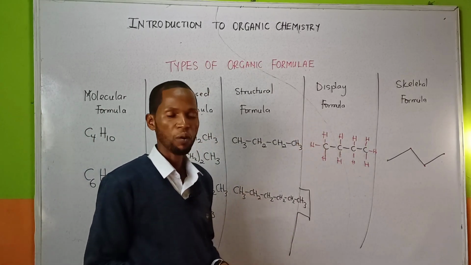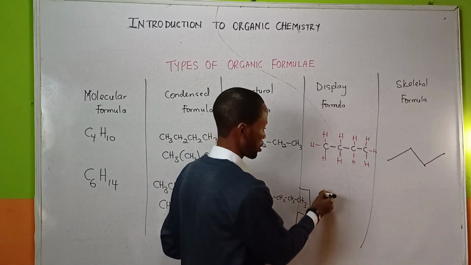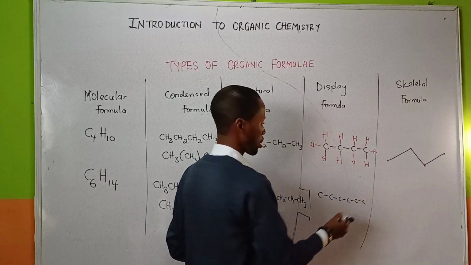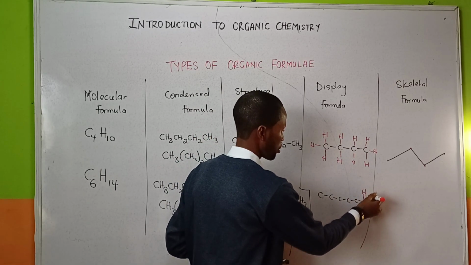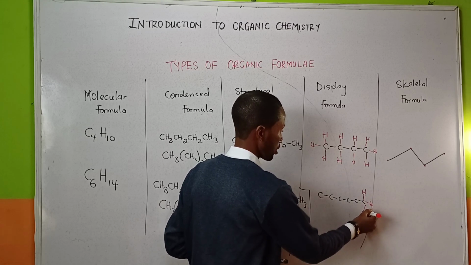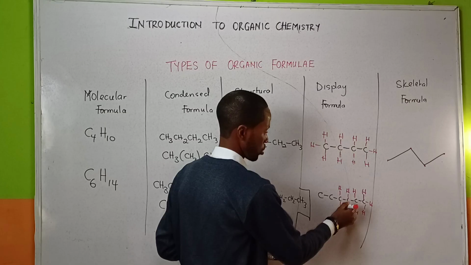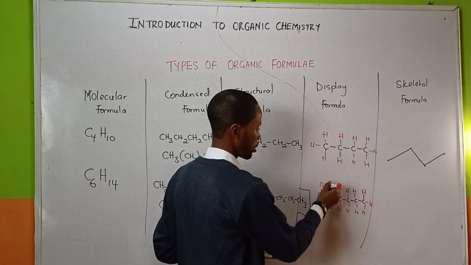The display formula for the hexane right here is written as carbon, carbon, carbon, carbon, carbon. Okay, so I have saturation with hydrogen all through the carbon, to saturate the carbon atom.